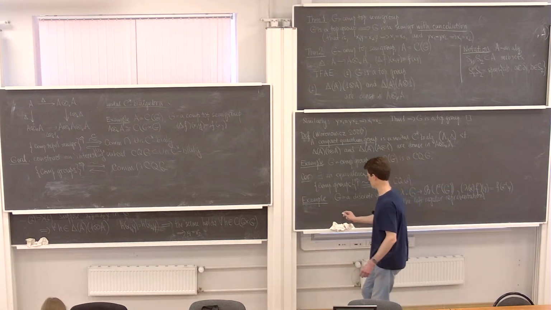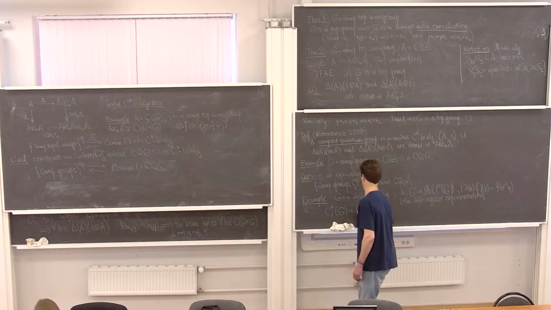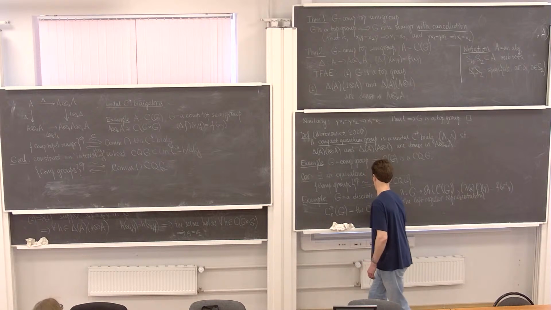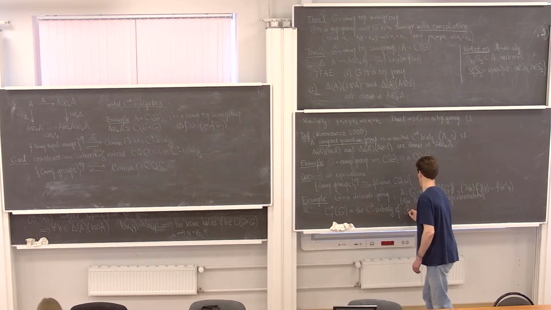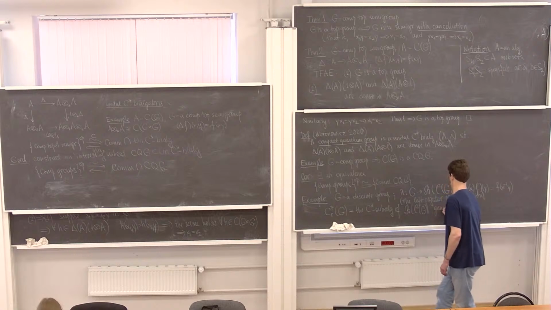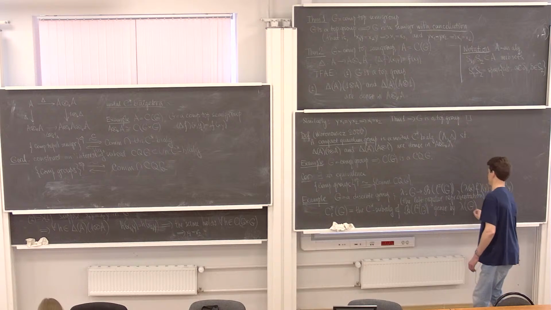And we consider the reduced group C-star algebra. So one of the equivalent definitions is that this is the C-star subalgebra of B of L2 generated by lambda of G, by the range of this representation.